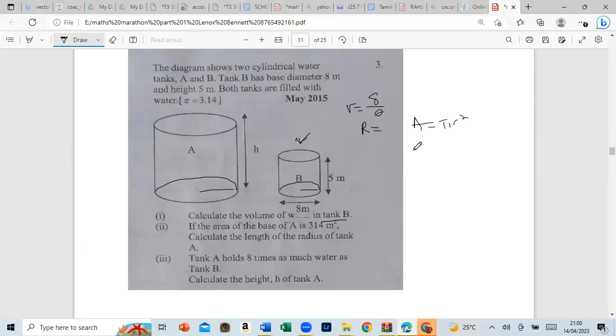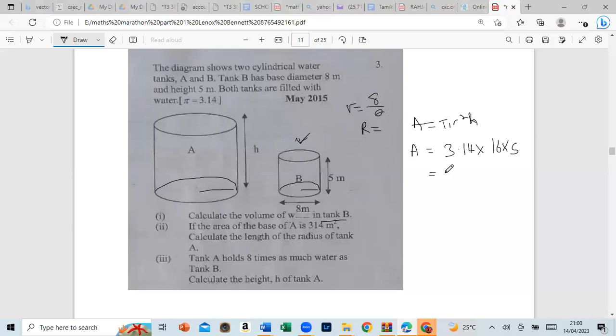We don't know what the area is, but they said use pi as 3.14. So it will be 3.14 times the radius squared, and remember we have to multiply by the height. So it would be 4 times 4, that's 16, times 5.